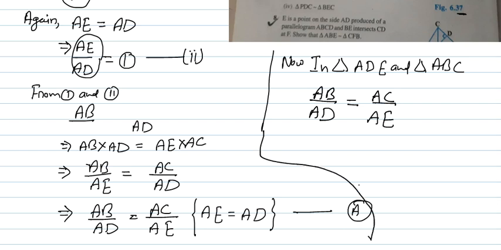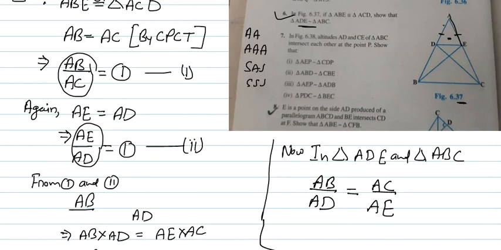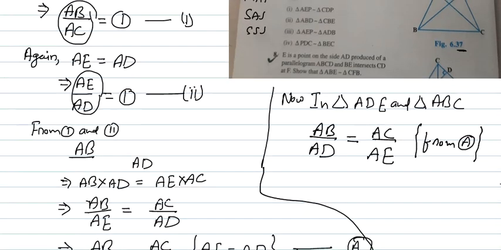These are from equation A, and angle A is common in both triangles, so you can write it as a reference. This is from assumption A, and angle A is equal to angle A. This is common.